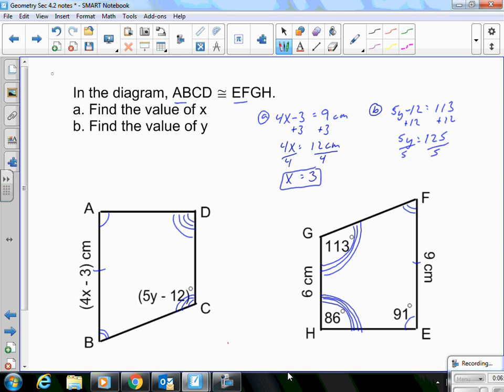Divide both sides by 5, and y equals 25. So you can figure out everything that matches up just by looking at the names. And likewise, when you write down the names of two figures that are congruent, you've got to make sure that you are putting them in order so that they match up with all the corresponding parts in the right order.